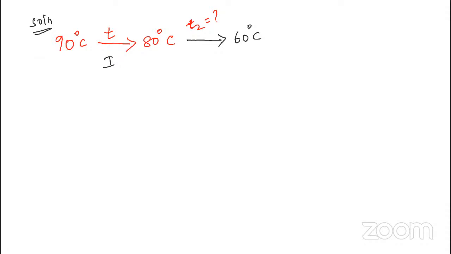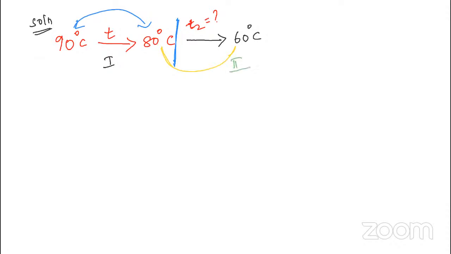Now let us take the given values for the problem. The first portion is carried out between 90 to 80, and the second one is carried out between the temperatures 80 to 60. So this is the second case.